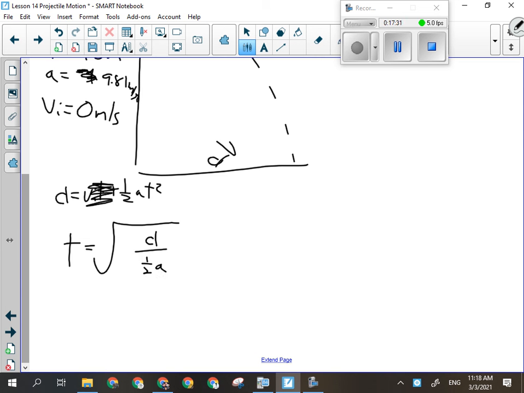Okay, with that formula there, that's just it manipulated. All right, so we got 90 meters is our distance vertically, divided by 1/2 times 9.81. That'll give us our time.